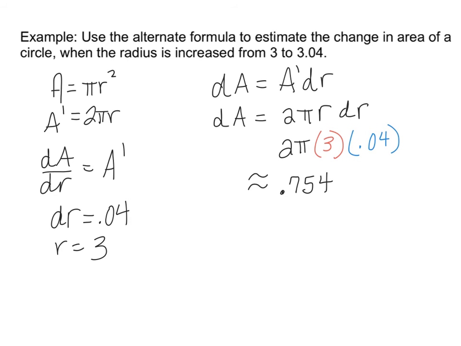If you compare the 9 pi to the 3.04 squared pi, it's a pretty good approximation. It's pretty good. It's close. Okay?